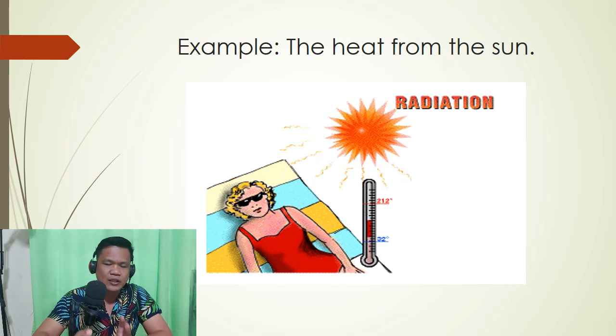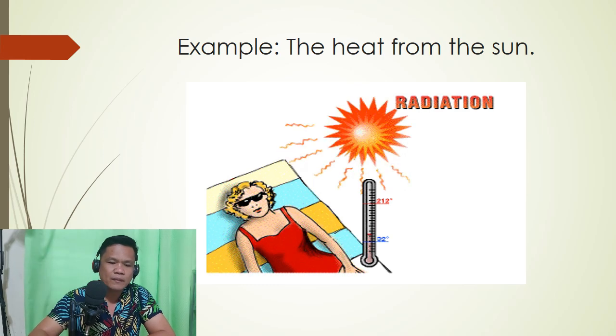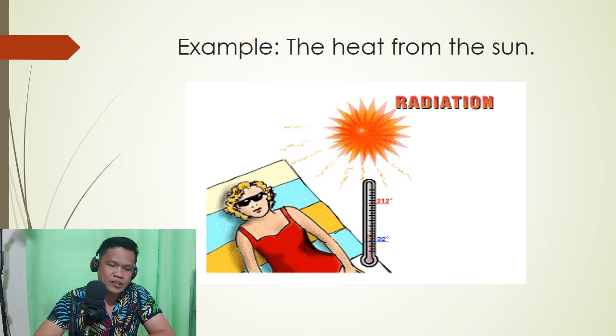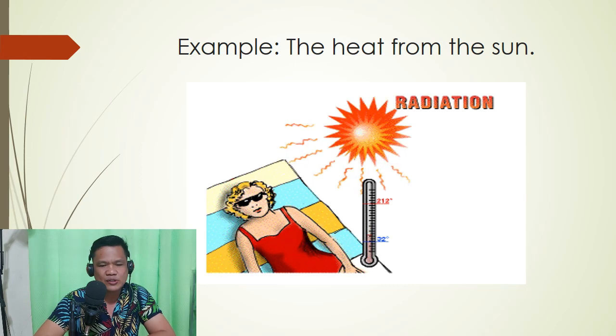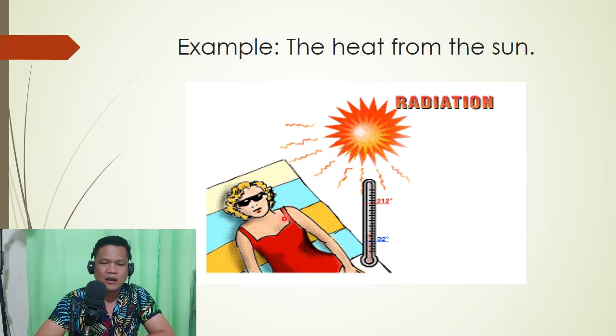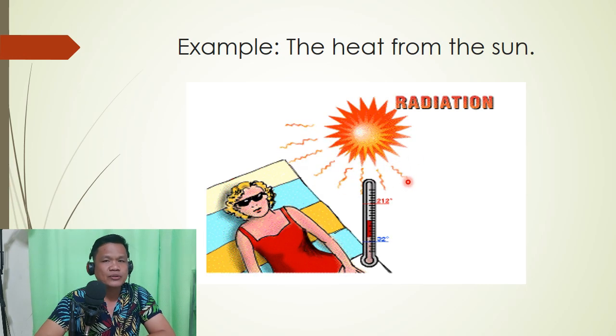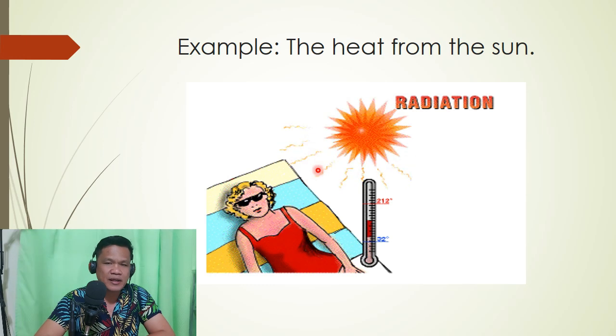This is an illustration of how radiation happens. So, in this illustration, you have here a lady who wants to tan her skin. Okay? She is sunbathing under the sun. Now the heat that comes from the sun travels from the source, and that's the sun, through a vacuum. You know that outer space is a vacuum.